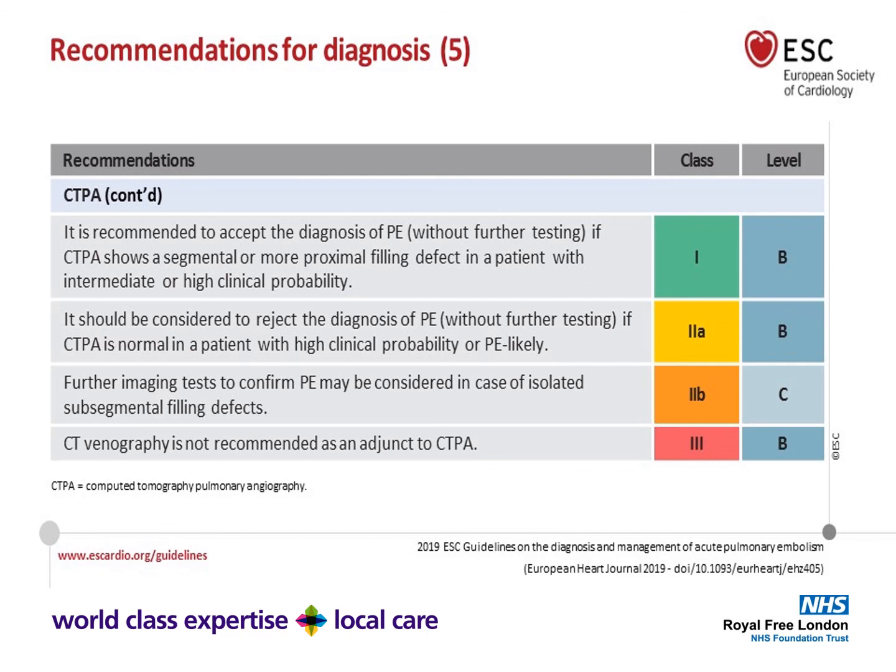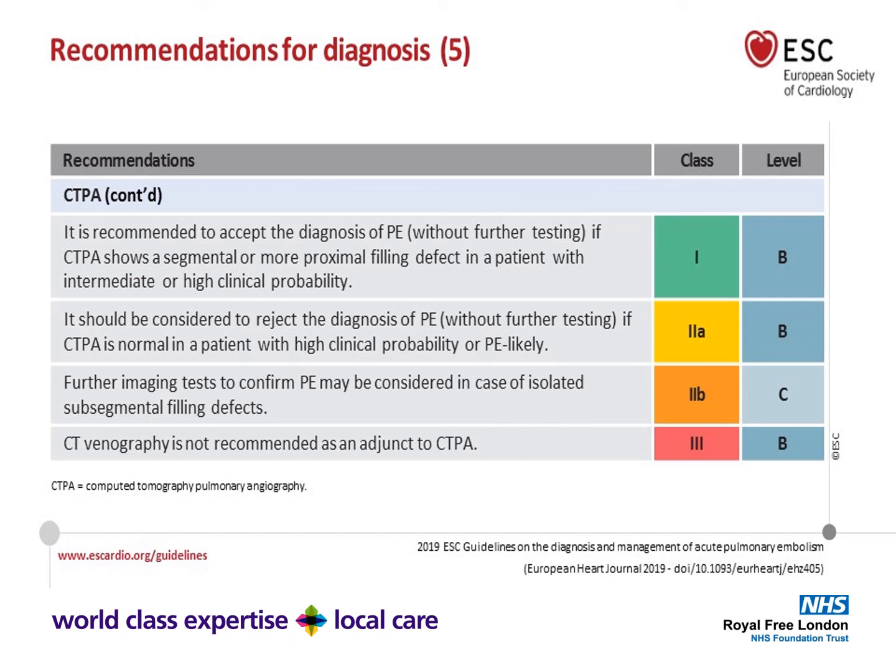If, for example, a patient undergoes CT pulmonary angiogram and it shows a segmental or more proximal filling defect in a patient who has intermediate or high clinical probability, then you can take it that the diagnosis of PE is confirmed. You don't need to use CT venography as an adjunct to CTPA.